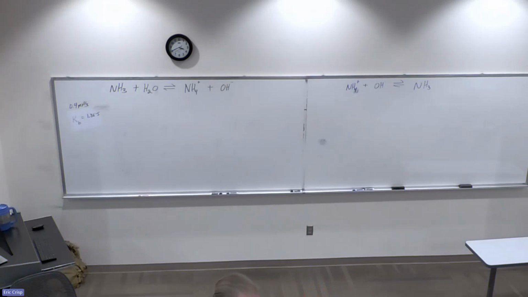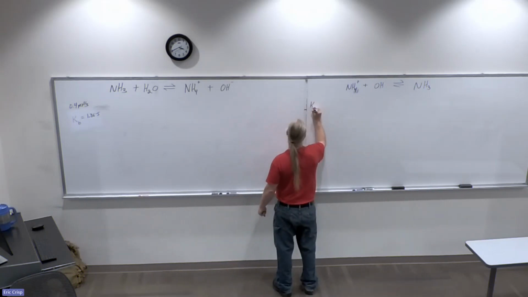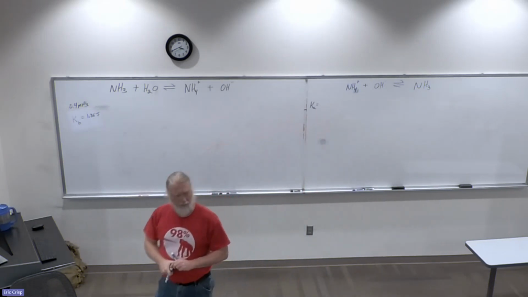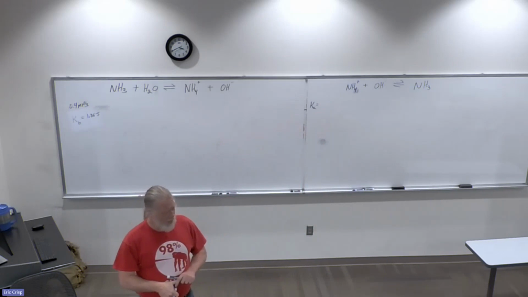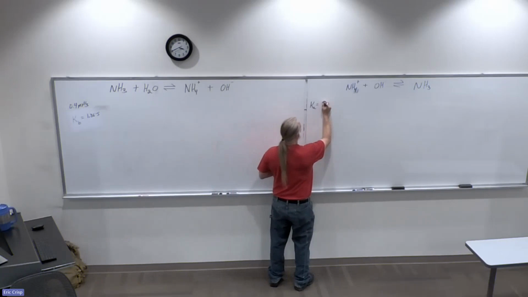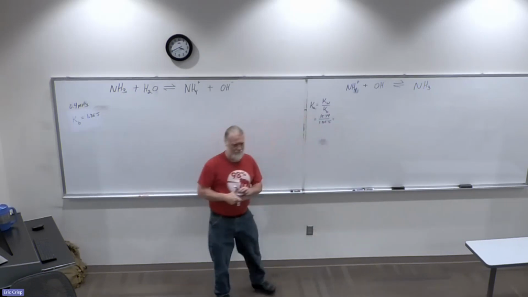Should end up at the same place. But if we take the Ka of this side, Allison looked up the Kb, right? How do I get a Ka there? Kw over Kb. So 1e negative 14 divided by 1.8 e negative 5 is going to be what?